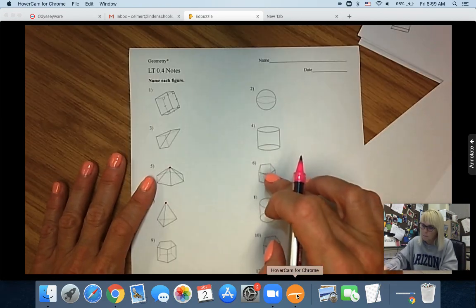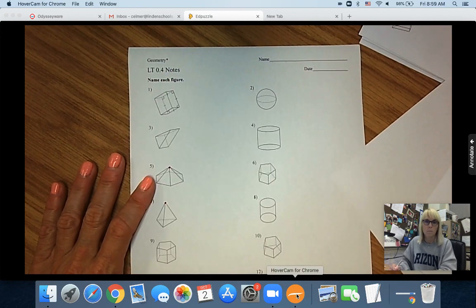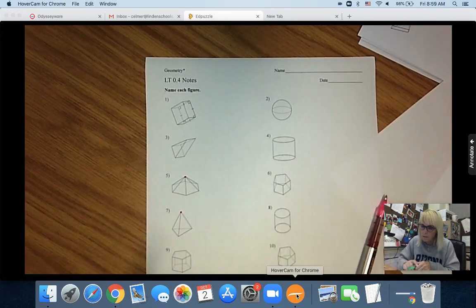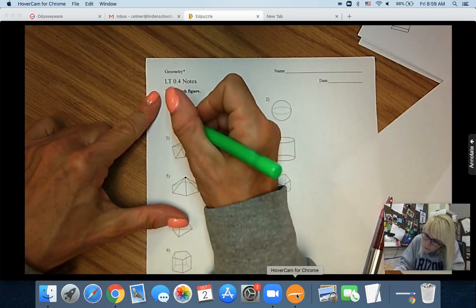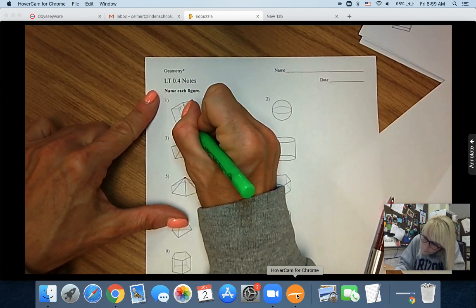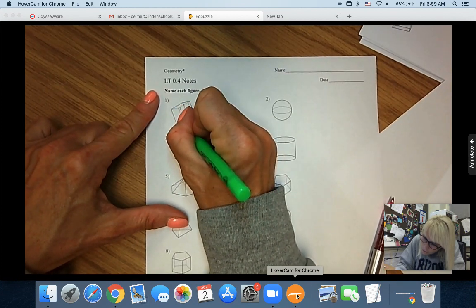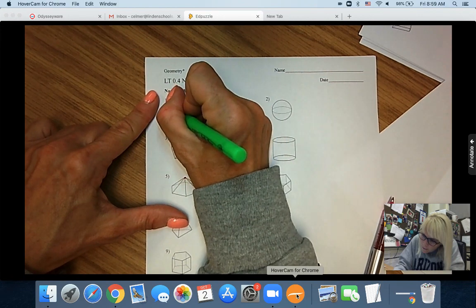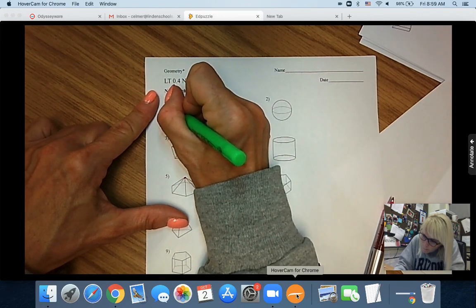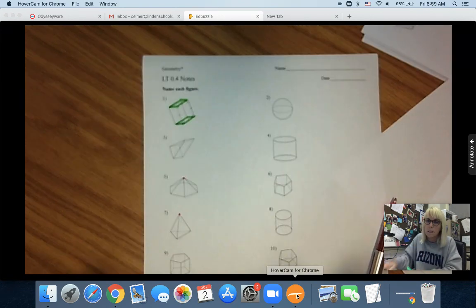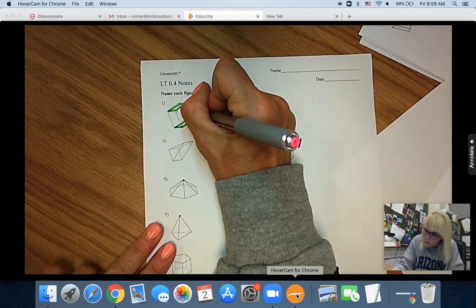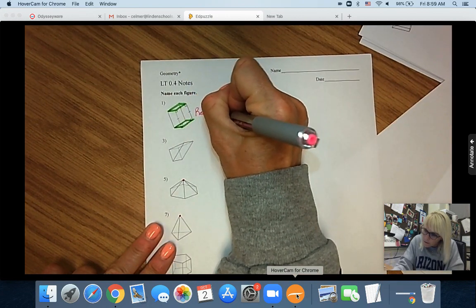Okay, so that makes these 3 prisms. So let's look at number 1. This is a prism. So what is the shape of the base? Well, you can pick any bases you want here. I'm going to pick these 2. So what's that shape? Well, we call that a rectangle. So this is a rectangular prism.